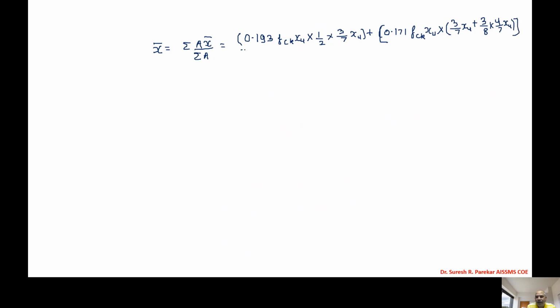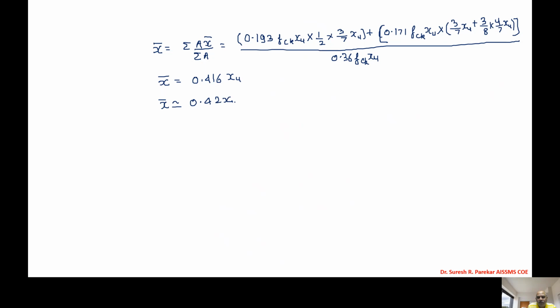And then we divide by summation A, which we already calculated as 0.36 fck into xu. If we solve this for x bar, we get the value 0.416 xu, which is considered approximately 0.42 xu.